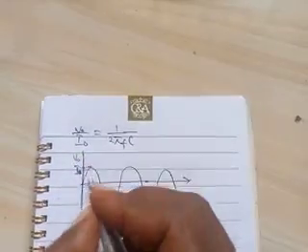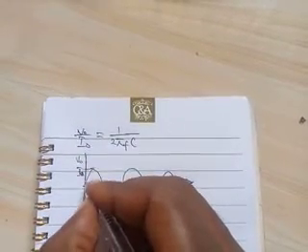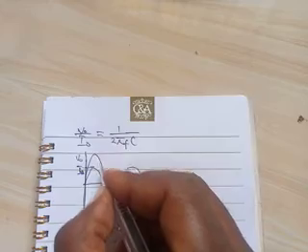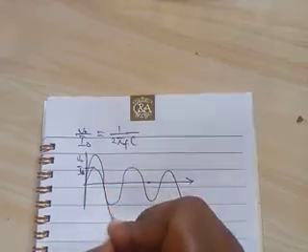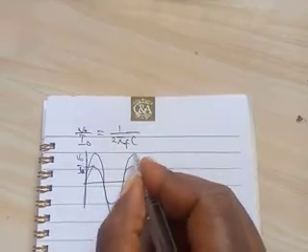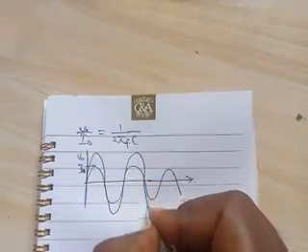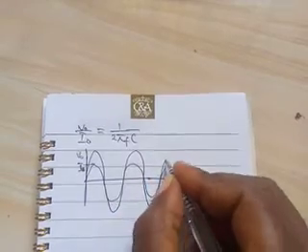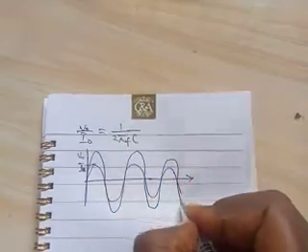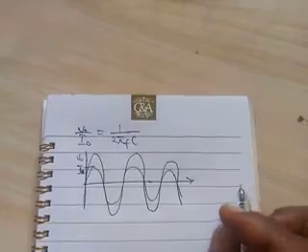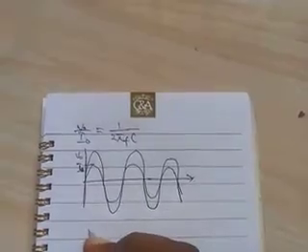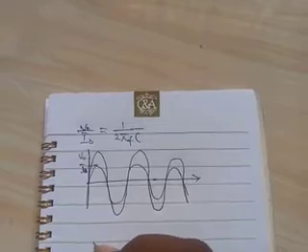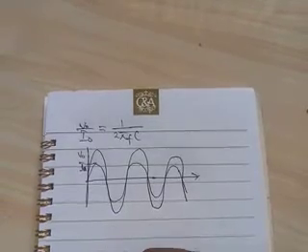The voltage peak V naught will still be from 0, goes this way, and so on. It continues. Now, the variation of the current I and the potential difference with time.